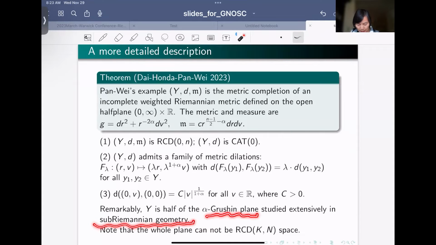This is quite surprising, because before, sub-Riemannian geometry and RCD were really disjoint. There they study the whole plane, and the whole plane is not RCD. There are lots of results that sub-Riemannian spaces cannot even be CD. So this gives a new connection between sub-Riemannian geometry and Ricci limit spaces.